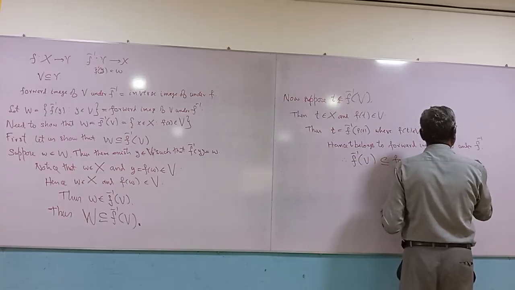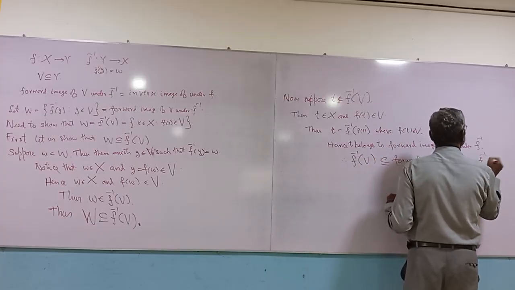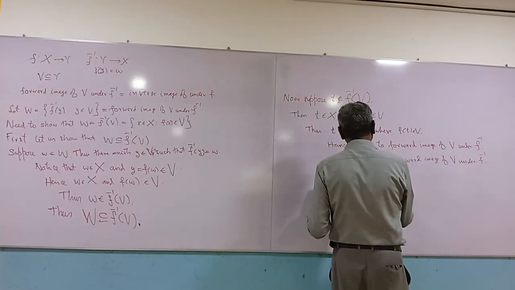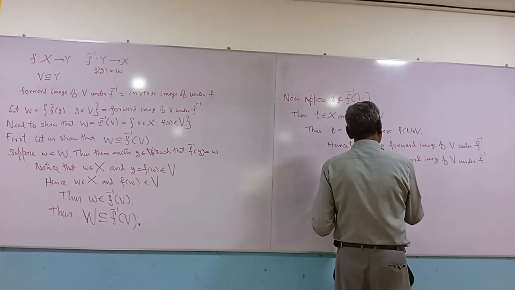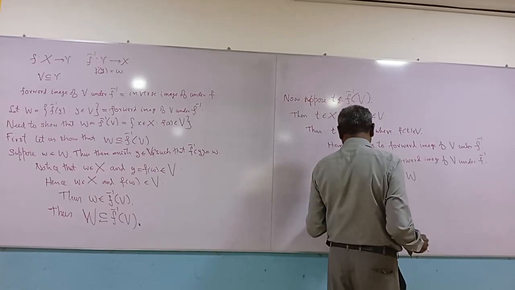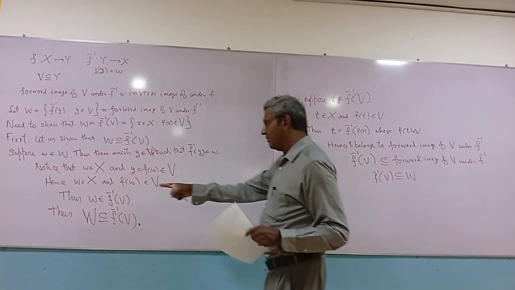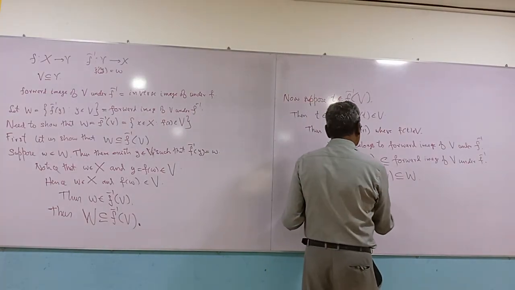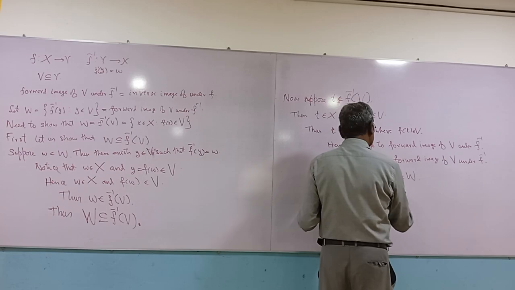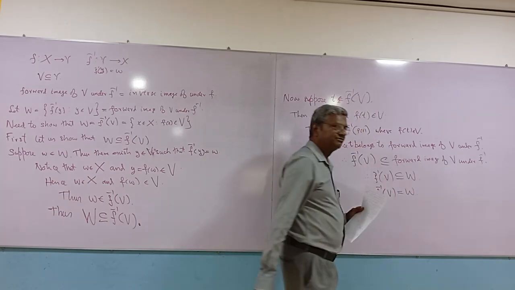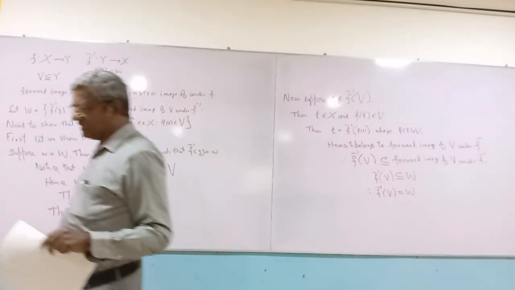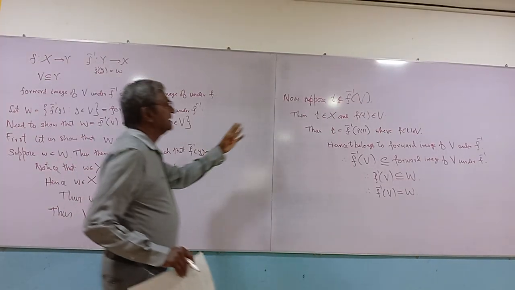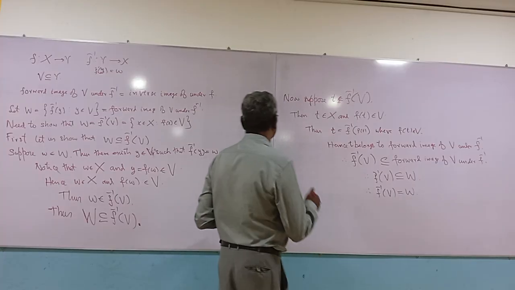Therefore, f inverse v is a subset of W. First I showed that W is a subset of f inverse v. Here I have shown that f inverse v is a subset of W, therefore f inverse v is equal to W. Whether f is 1 to 1 or not, f inverse v always exists.